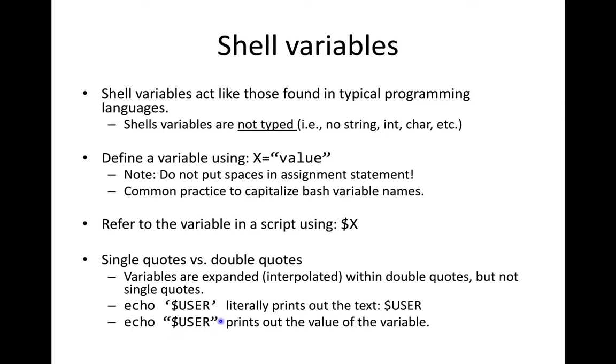In other words, it will reference this as a variable, determine the value of that variable, and output that value to the standard output. It's very important. Single quotes versus double quotes. They have different meanings when they're used within shell scripts.